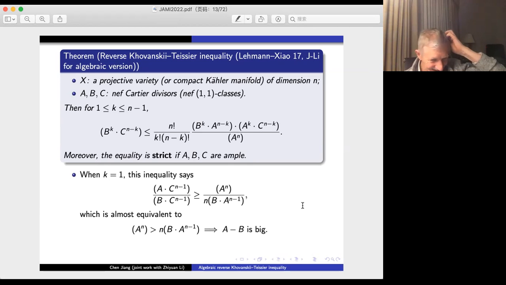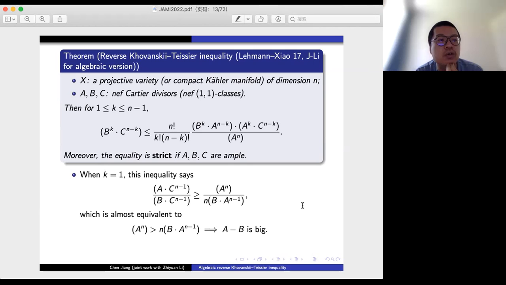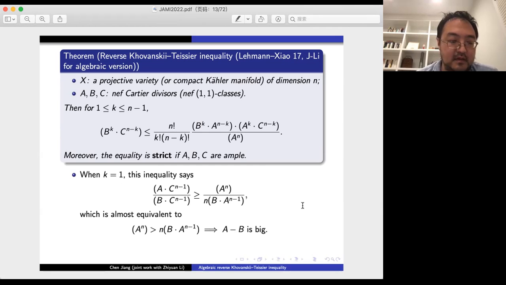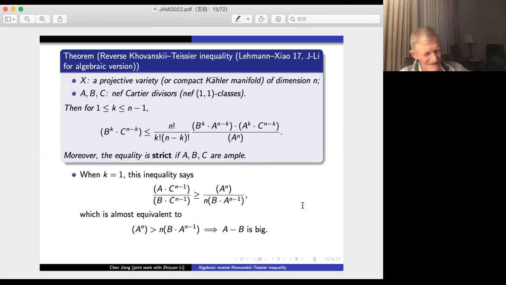Okay, so you mean we can also consider vector bundles instead of divisors? Under some special circumstances, I don't think there are... You point out the similarity between your results and the Hodge index theorem.